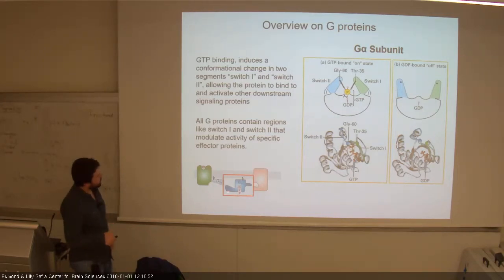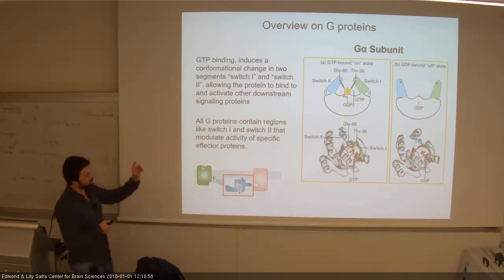So in general, when we focus on the G alpha itself, molecularly, it has this switch-like operation. These 2 arms are actually pulled together by this phosphate group, the last phosphate group from the GTP, and this is what we call an on state.